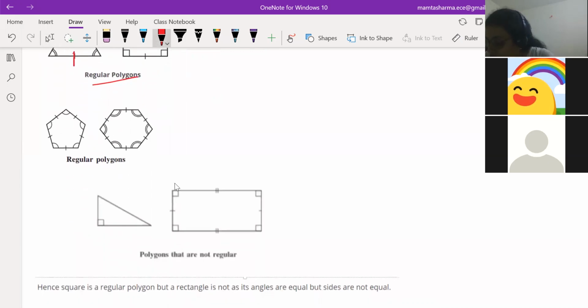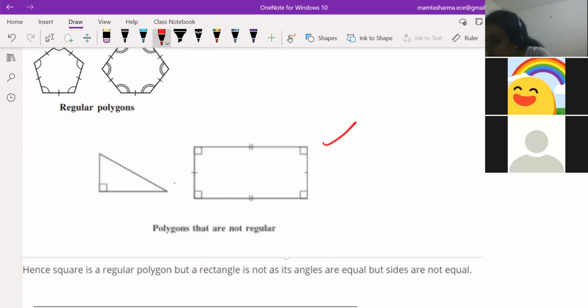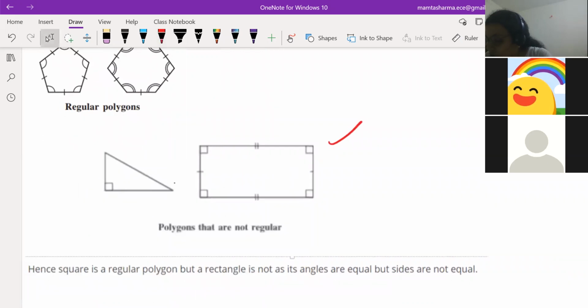Tell me, will the rectangle be a regular polygon or irregular? A rectangle will not be regular. In a regular polygon, two conditions should be satisfied. All sides should be the same. Are all sides the same in a rectangle? No, ma'am.